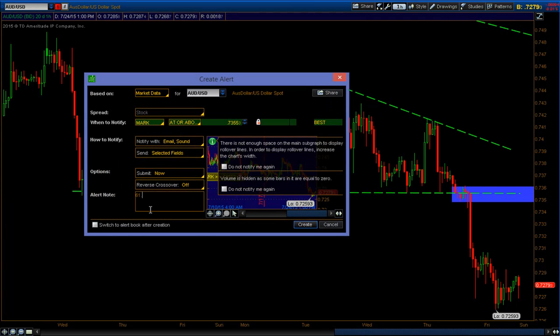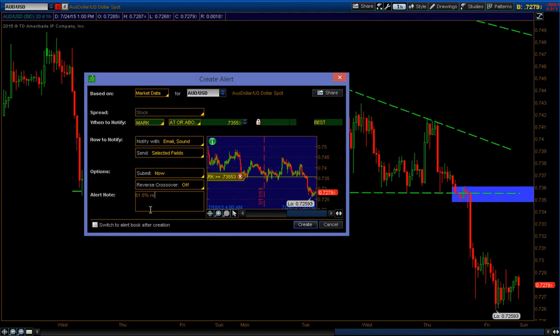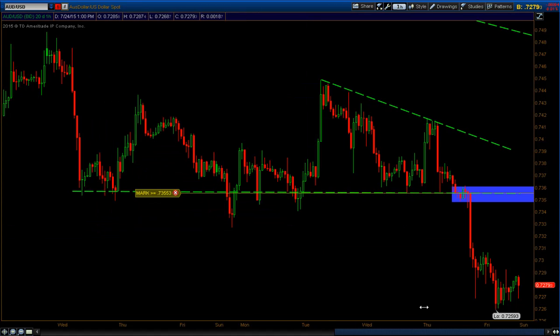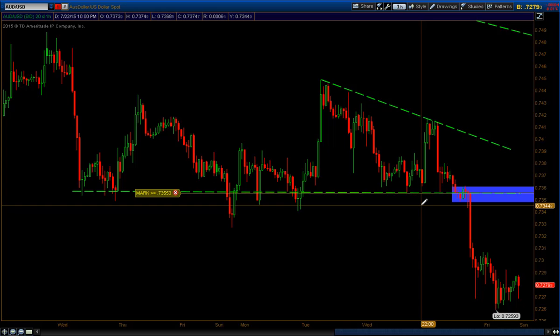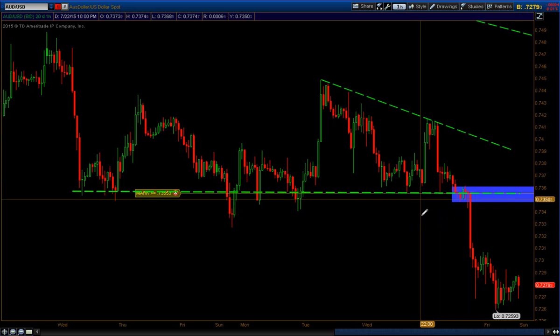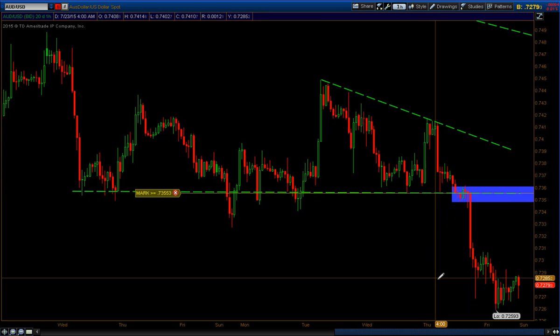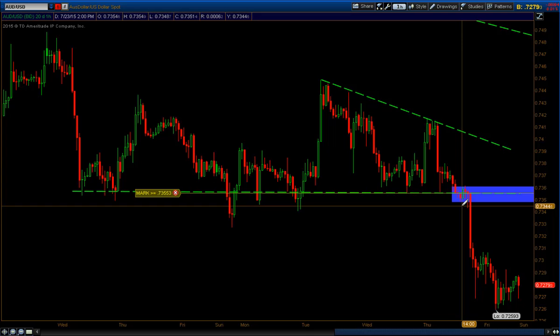You can do 61.8% retracement and resistance level. Boom. You can set up this alert to come to your iPhone or your Android or your email, whatever you want. Once you get the alert, then you start looking for some kind of reversal signals.